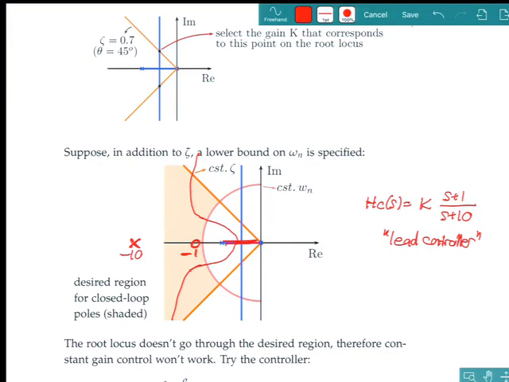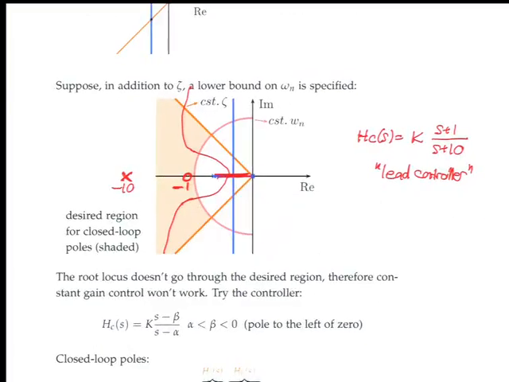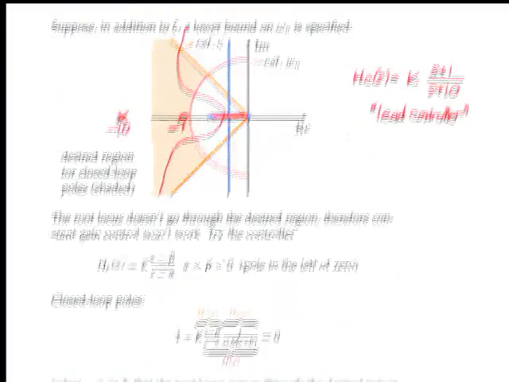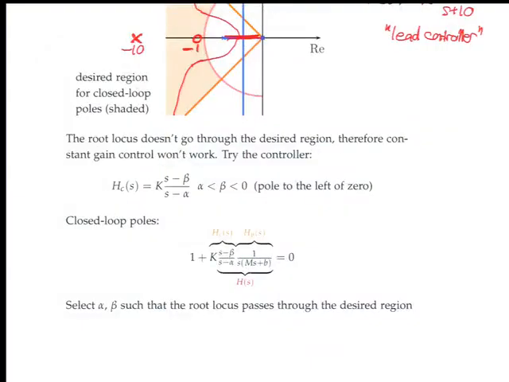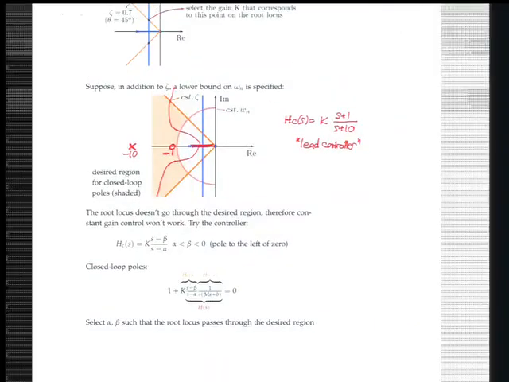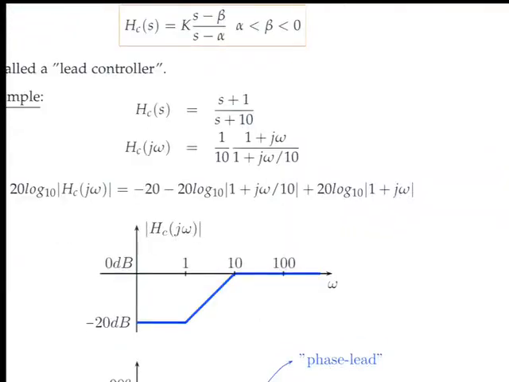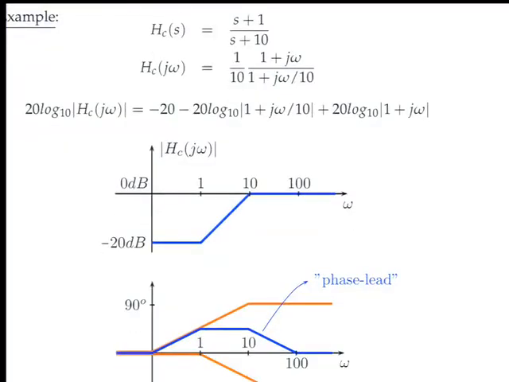Why is this called a lead controller? It's a historical term. It has to do with what kind of filter this is. I mean, ignore K for now, right? So this is like the Bode plots we saw, right? There you go. S plus 1 by S plus 10. That's the lead controller. Here's how you make a Bode plot, right?